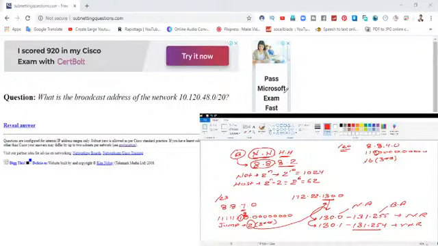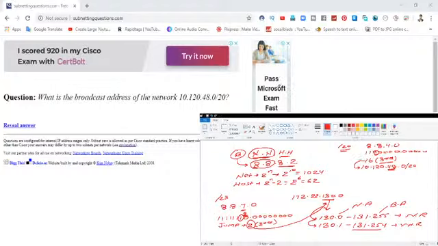And we have the IP address given here, 10.120.48.0/20. As we have a jump of 16 in the 3rd octet, we will focus on the 3rd octet of the IP address. We have a value of 48 in the 3rd octet. Now let us check the network range for that value.